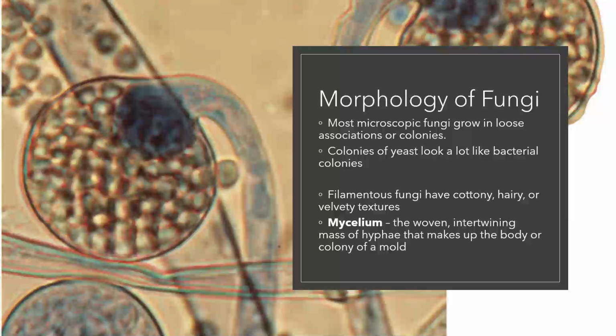That can be a defining feature that could help you determine if you're looking at a prokaryote or a bacteria or a eukaryotic fungi. Filamentous fungi will have more cottony, puffy, hairy, sort of textured surfaces.